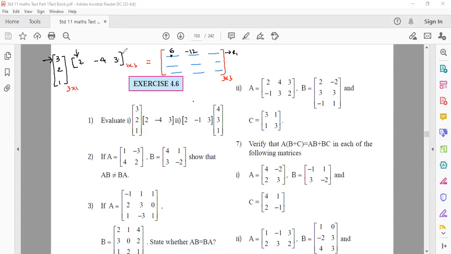Then 3 into 3, 9. Then comes the second row. Your multiplication starts from the second row: second row with first column, second row with second column, second row with third column. Lastly, third row with first column, third row with second column, third row with third column. So that is your answer.